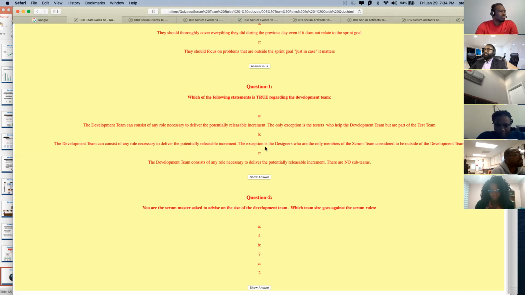The exception is the designers, who are the only members of the Scrum team considered to be outside of the dev team. C, the dev team consists of any role necessary to deliver the potentially releasable increment. There is no sub-team. C. Good job. So that's what I was explaining a few seconds ago.